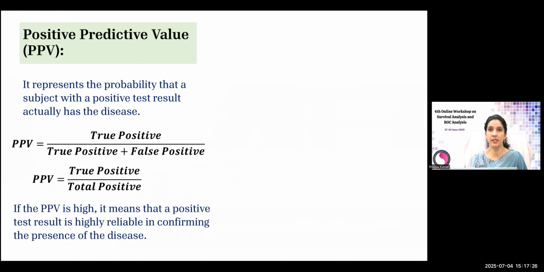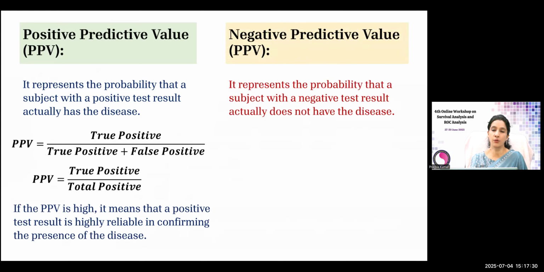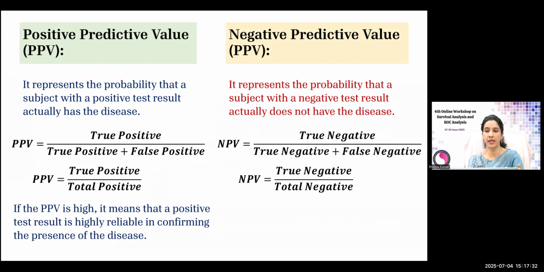Coming to negative predictive value, what is it? In the numerator we take true negative, and in the denominator we take total negative. So we say if the positive predictive value is high, that means a positive test is highly reliable in confirming the presence or absence of disease.